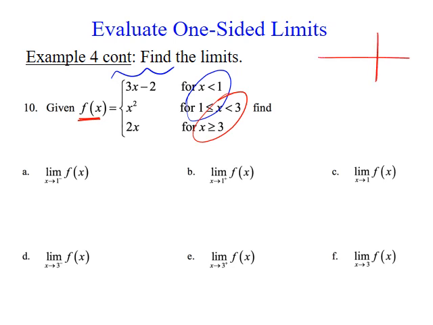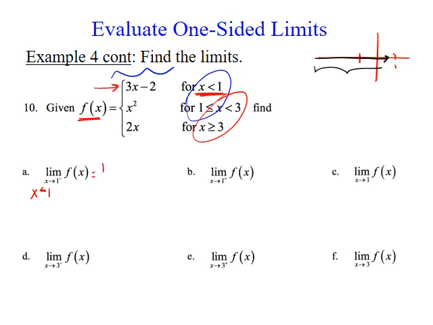If I'm approaching an x value of 1 from the left, I'm analyzing x values less than 1. Well, x values are less than 1 in this first piece here.